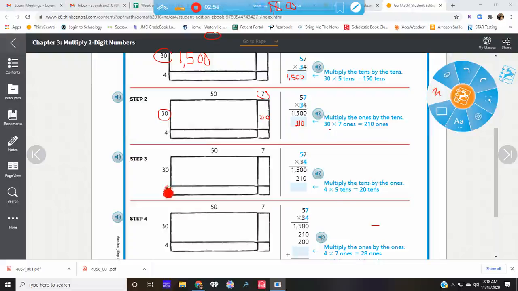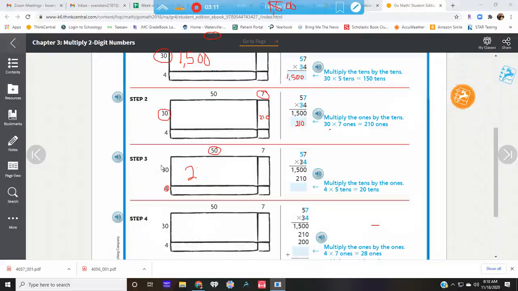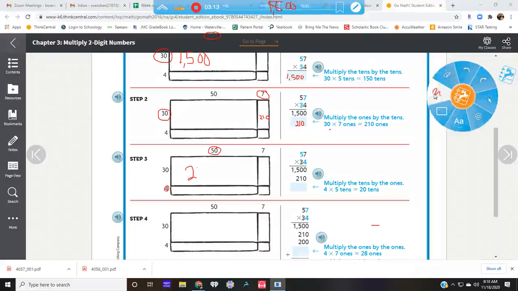So here's the 4, and here's our 5 tens, or 50. 4 times 5 is 20. We had to bring our 0 back, so then we get 200.